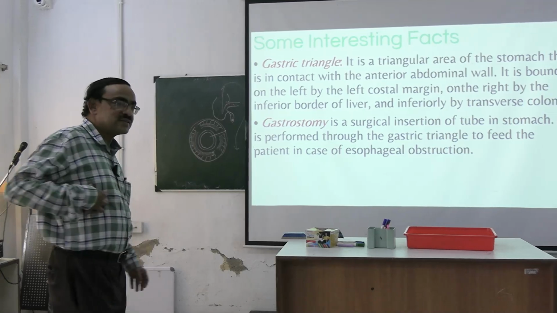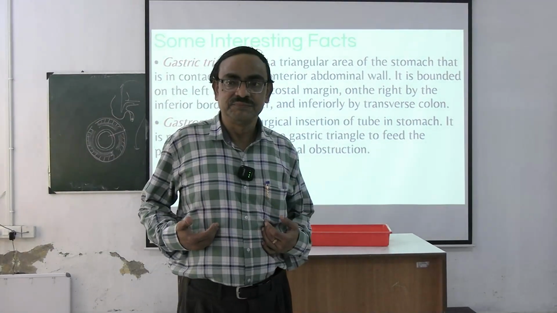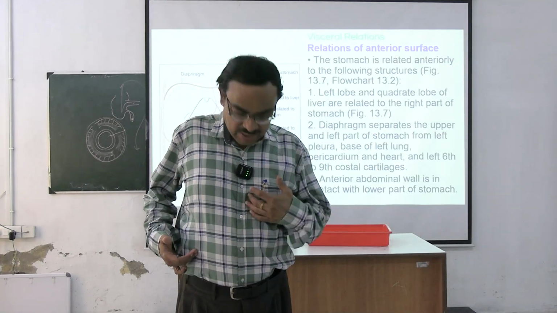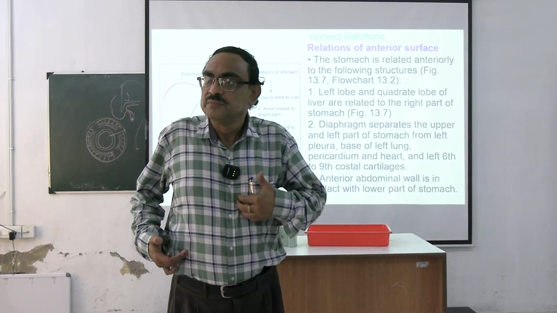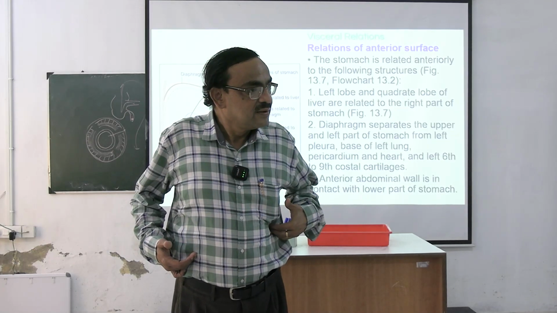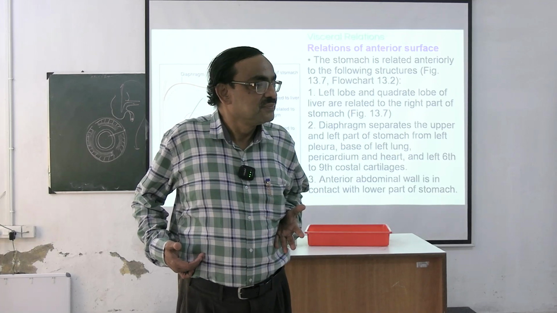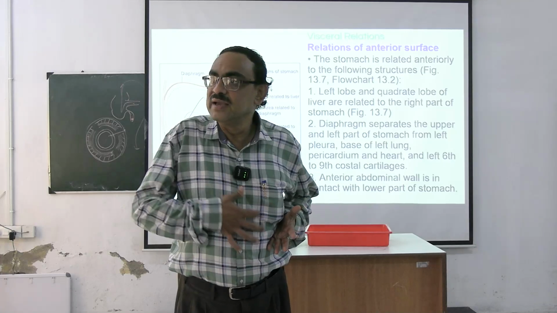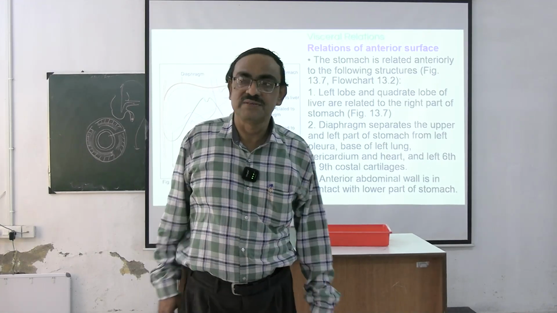So trough space is bounded on the right and above by the lower border of the liver, above and on the left by the lower border of the pleura. And on the left side, that is the spleen. Below that area we get a tympanic sound, that space is called trough space.